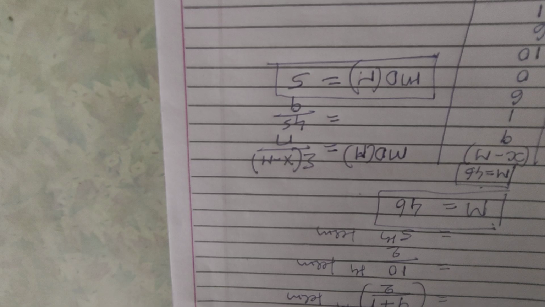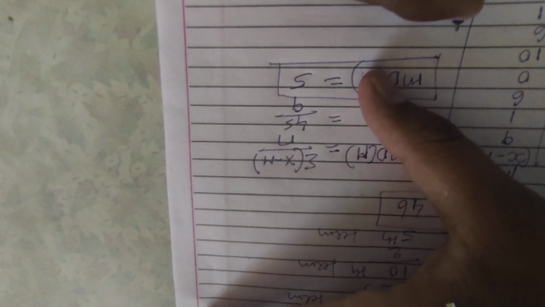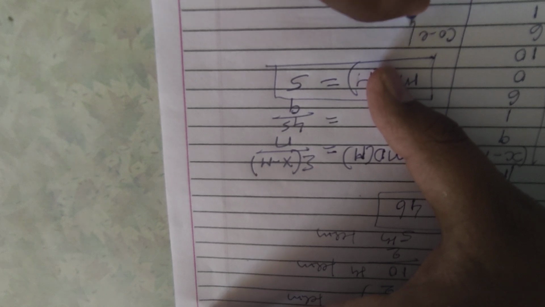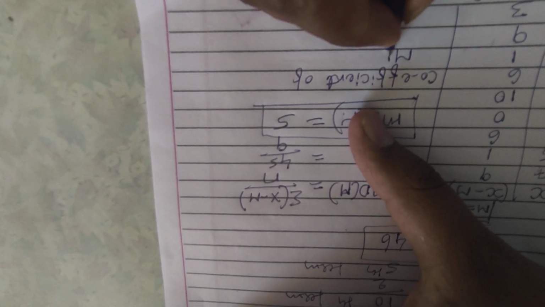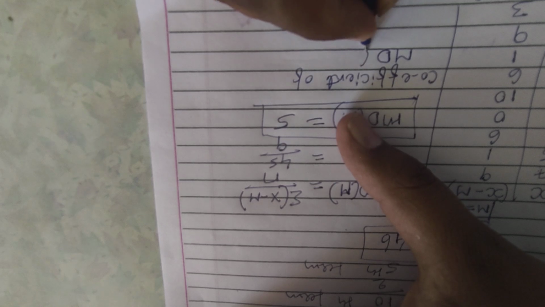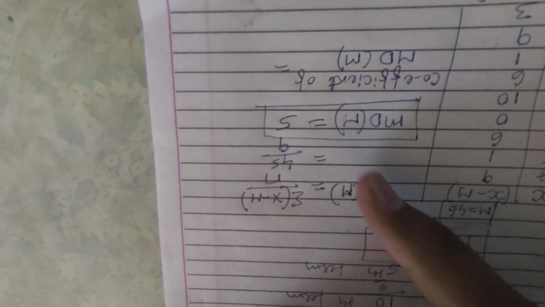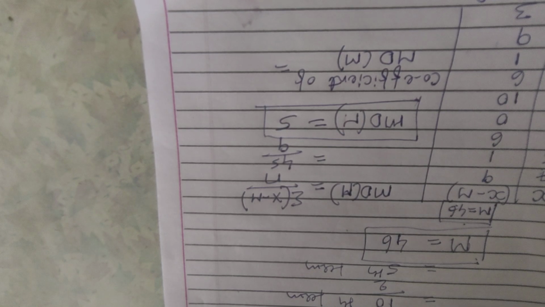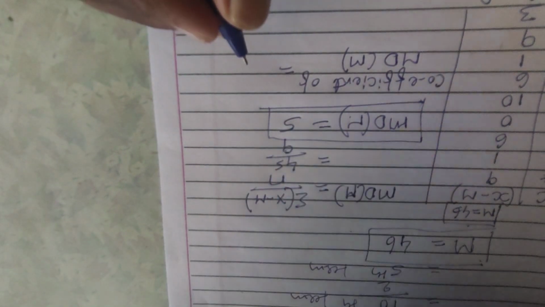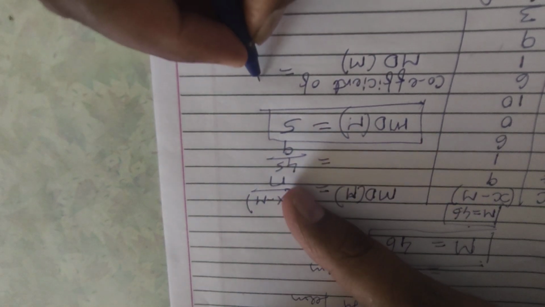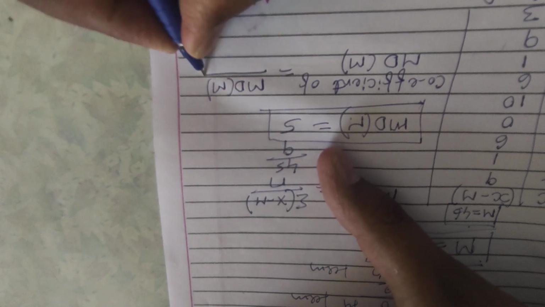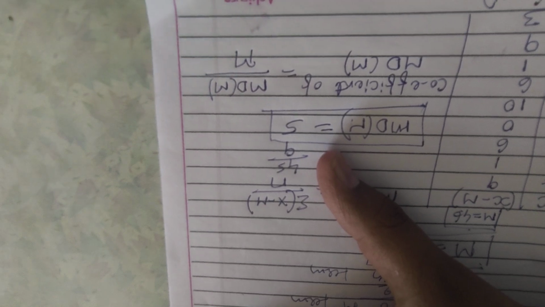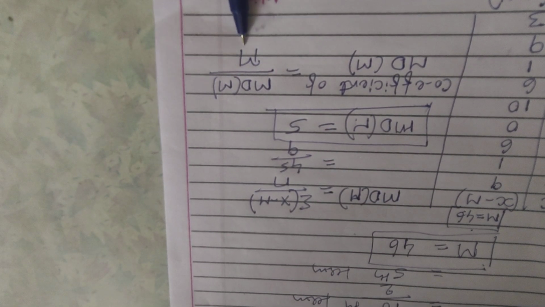Next we have to find the relative measure. The relative measure is the coefficient of mean deviation from median. The formula for the coefficient of mean deviation is mean deviation from median divided by median.